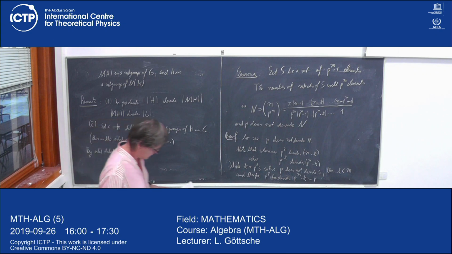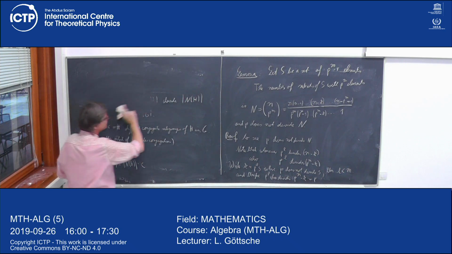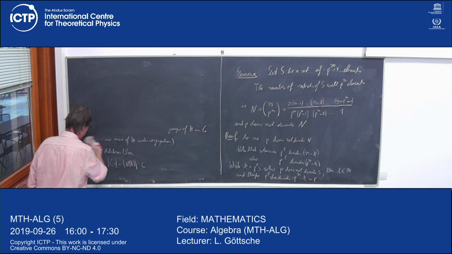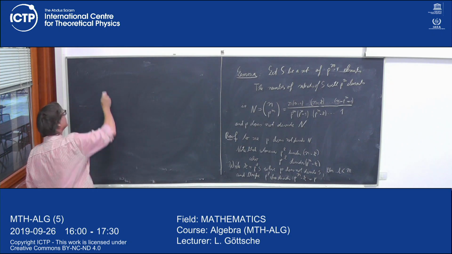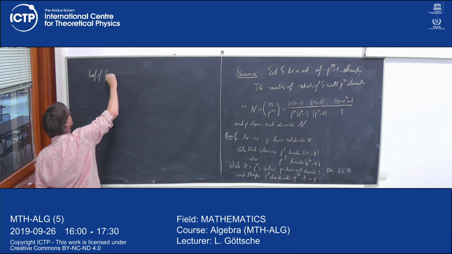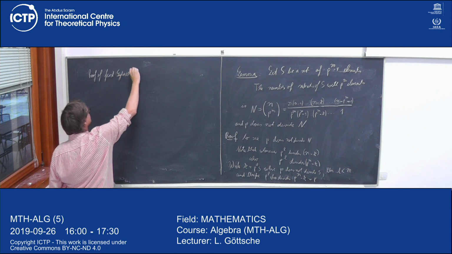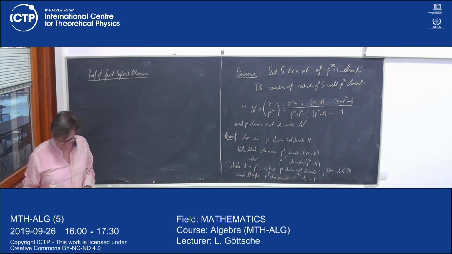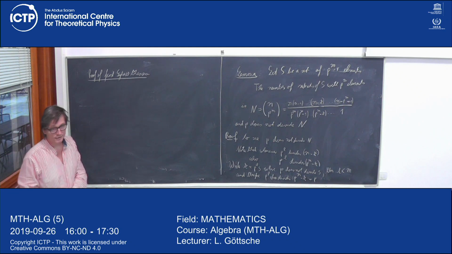Okay, so this is this little lemma, and now we want to prove the first Sylow theorem. I should say there are many different proofs of the first Sylow theorem.